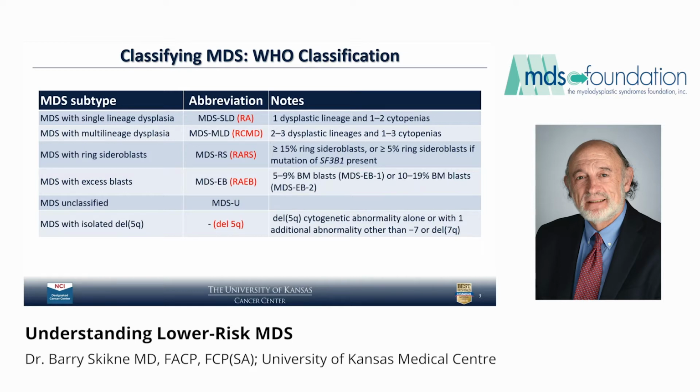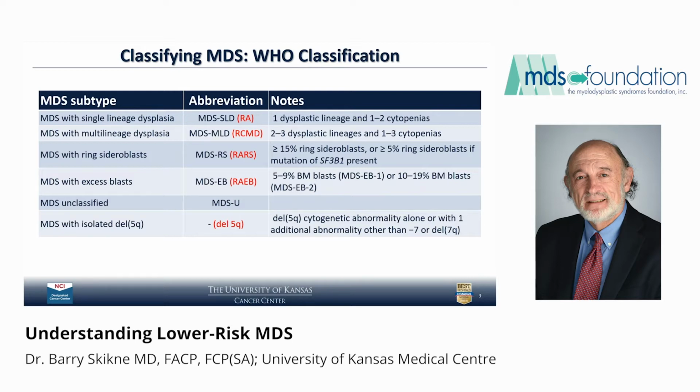And then there's MDS with excess blasts, or MDS-EB, which used to be called refractory anemia with excess blasts. In this case, it's broken down into two subcategories: MDS-EB1, where there's 5 to 9% blasts in the bone marrow, or EB2, where there's 10 to 19% blasts in the bone marrow.